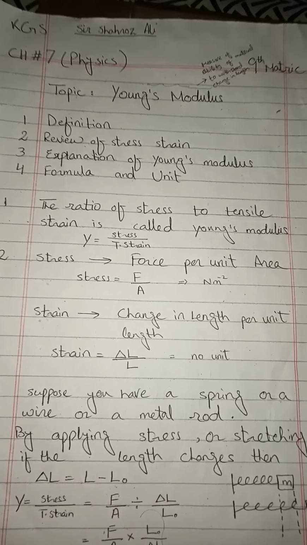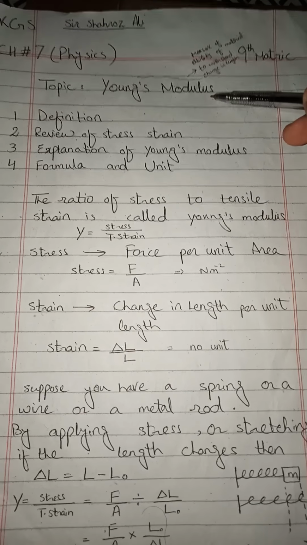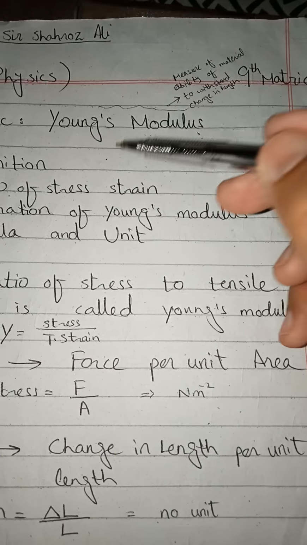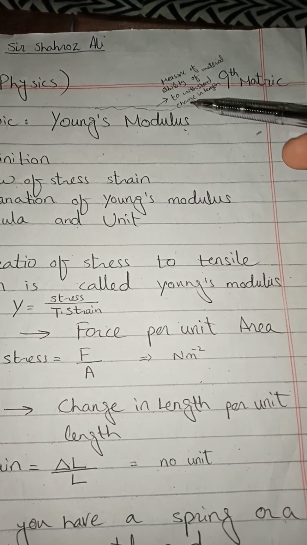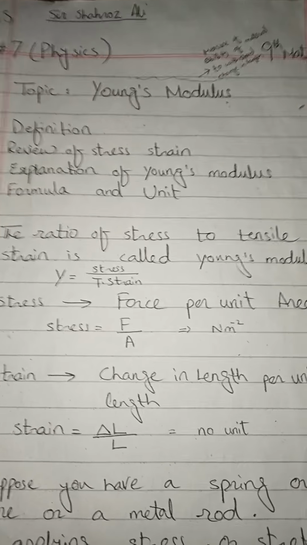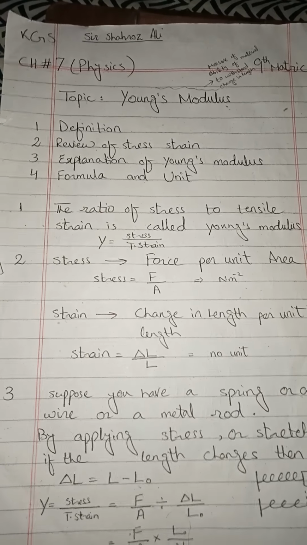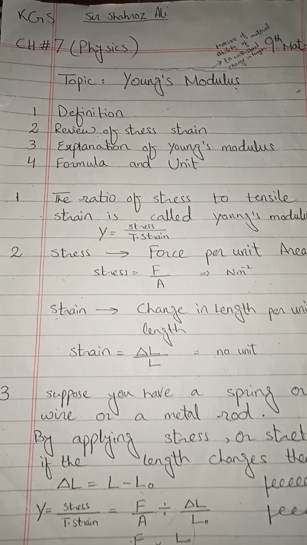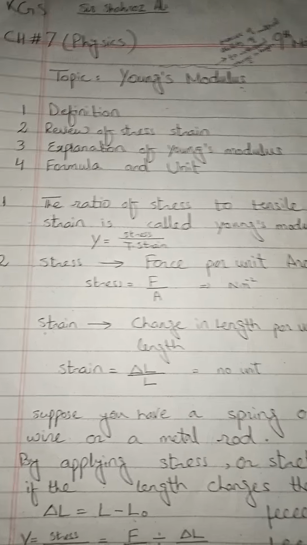First of all, we will discuss what Young's modulus is. Basically, we will take the concept of Young's modulus. Young's modulus is basically the measurement of the ability of a material, like I have already discussed in my last lecture, materials like iron, steel, aluminium or plastic.